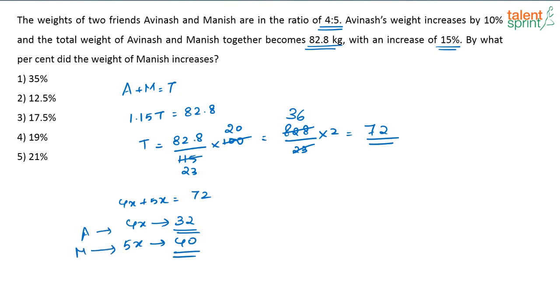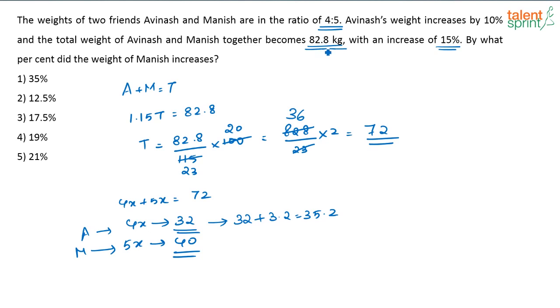Now what has happened? The weight of Avinash has increased by 10%. So what is Avinash's weight now? Avinash's weight is nothing but 32 plus 3.2, correct? Which is nothing but 35.2. Similarly, what has Manish's weight become? See, earlier the total weight was 72. So when Avinash's weight is increasing by 3.2, by how much has Manish's weight increased?